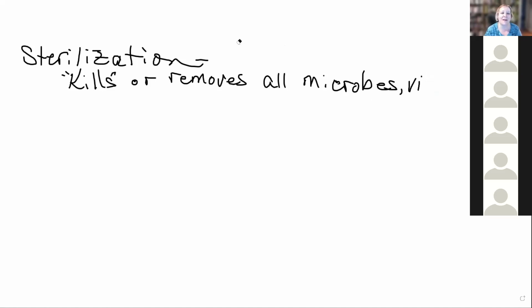Let me fix my spelling. Is there anything else we would want to inactivate? Endospores. Yep, definitely. That would be including endospores. I'm going to put that down here. Including endospores. But we're going to toss in prions.